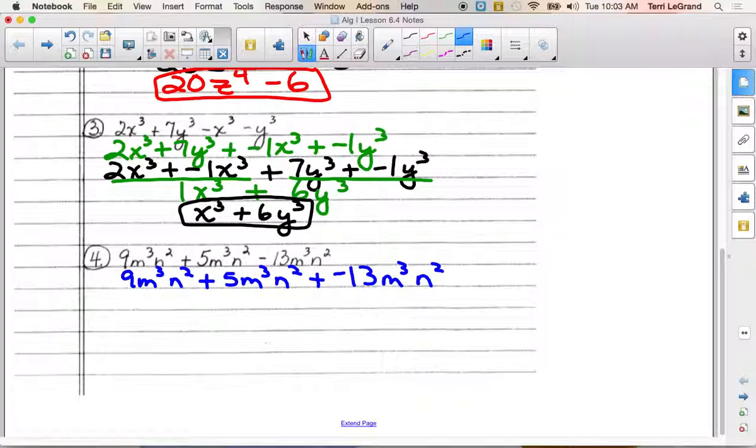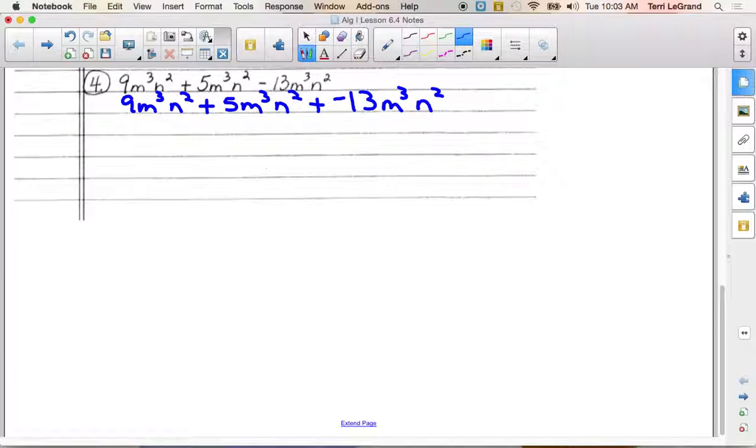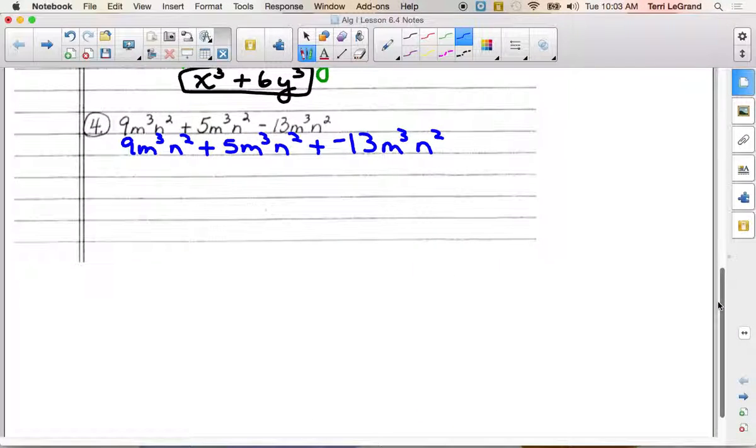Okay, what do you think? Do we have some rearranging to do? Okay, what do you want to rearrange? The M's and the N's need to be rearranged. Why?